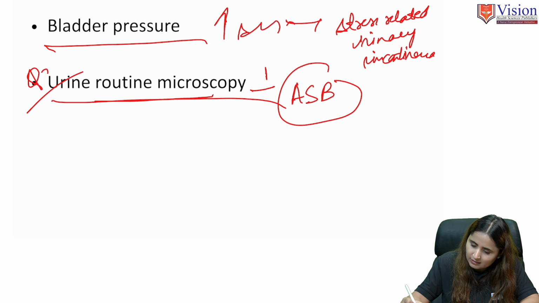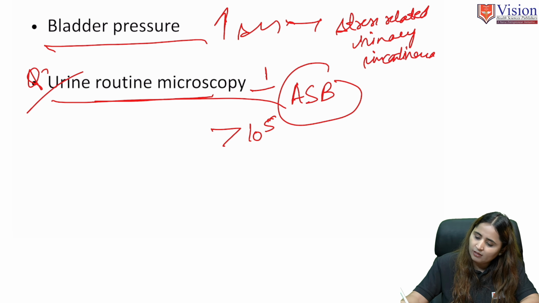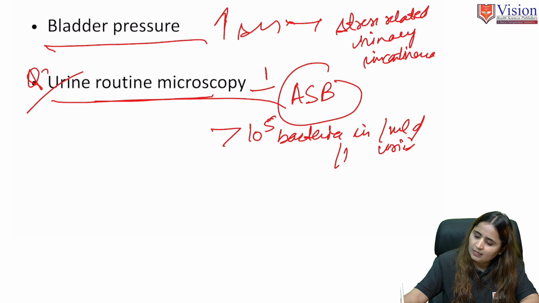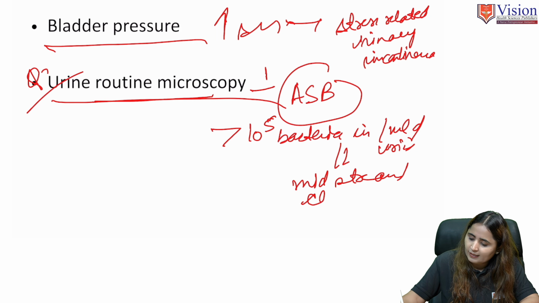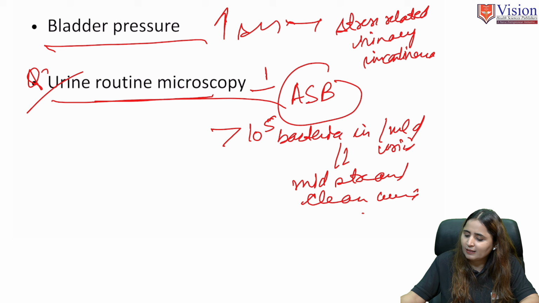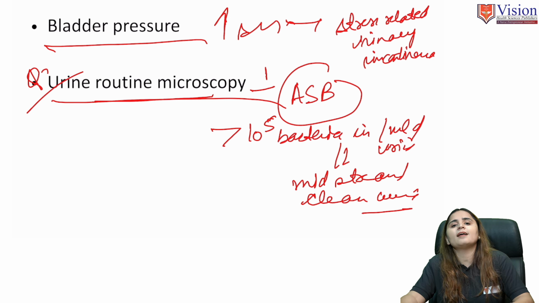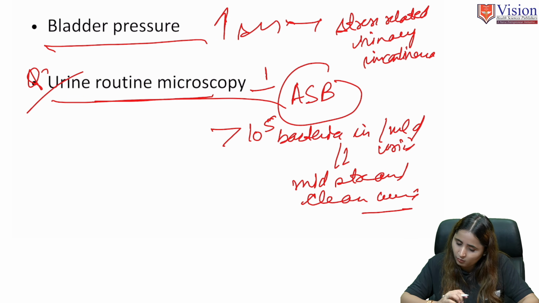When is asymptomatic bacteriuria diagnosed? When the bacteria level is 10⁵ bacteria per ml of urine, when we are taking a midstream clean urine sample. If bacteria are present in it, that is called asymptomatic bacteriuria.